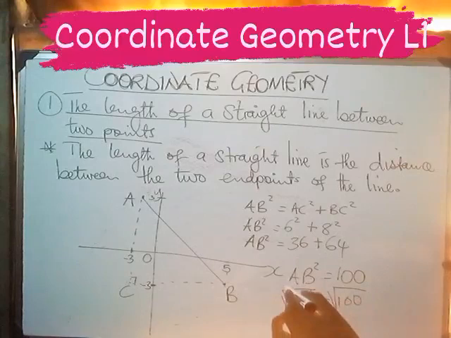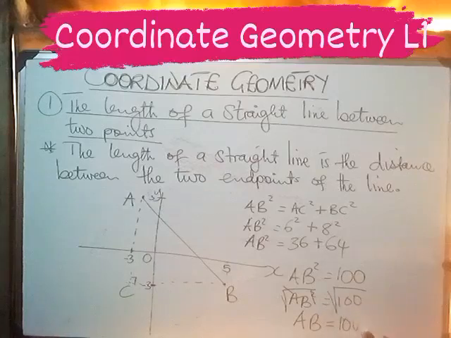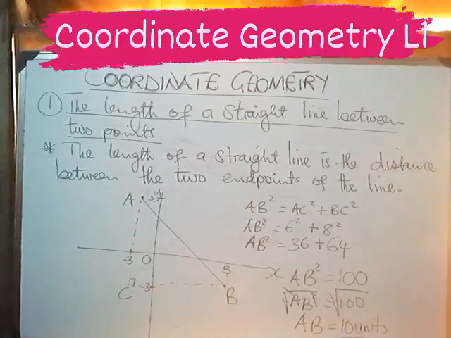The square root of anything squared is the same thing without the square. The square root of 100 is 10, so we say 10 units. Why units? Because we are looking for a length, so it is supposed to have units. Since we didn't have any units, we use the word units. So this is what we have.